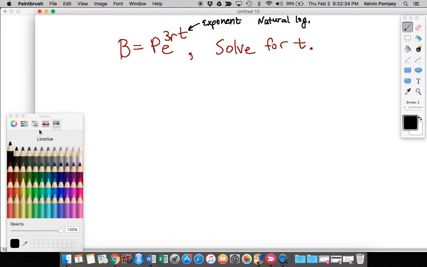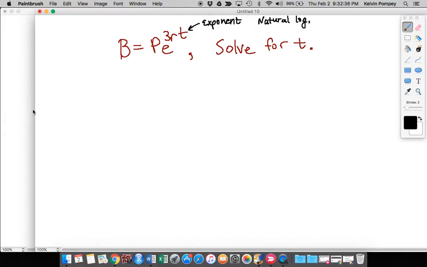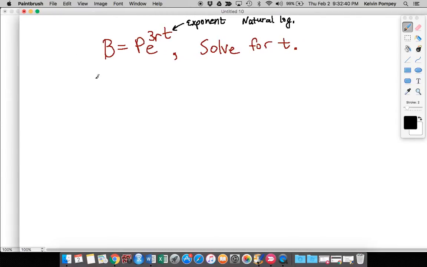If you want to use a different log, just as I stated in class, by all means, you can do that, right? But in this example, I'm just going to use the natural log. In order to use the natural log to get this t out of the exponent, the first thing I'm going to do is isolate this expression e to the 3rt. To do that, I'm going to divide both sides by P.